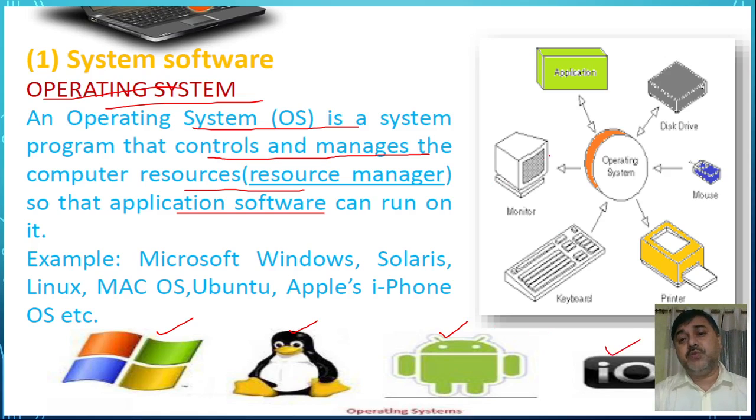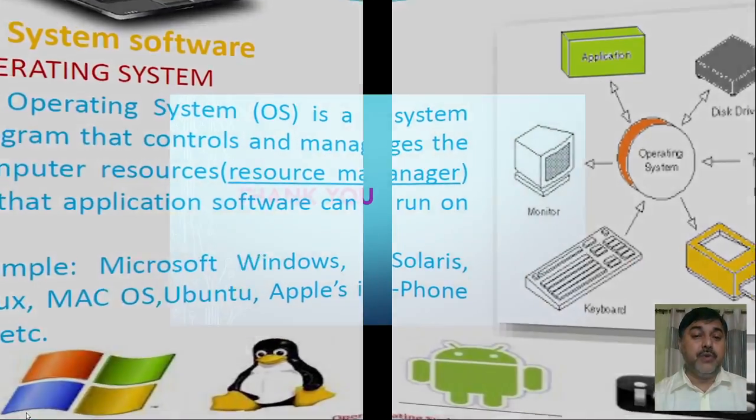All these things control, you see here, the monitor, the applications that we are giving, the disk drive, the mouse, the printer, the keyboard. Everything will be controlled with the help of our operating system, and we are going to get a different type of output from there.